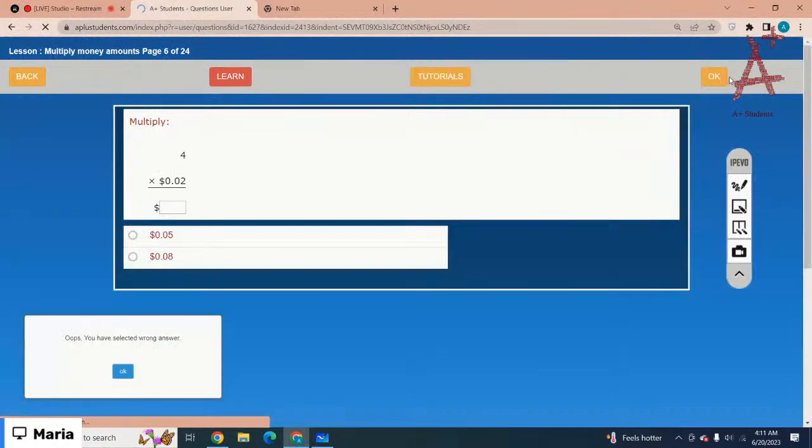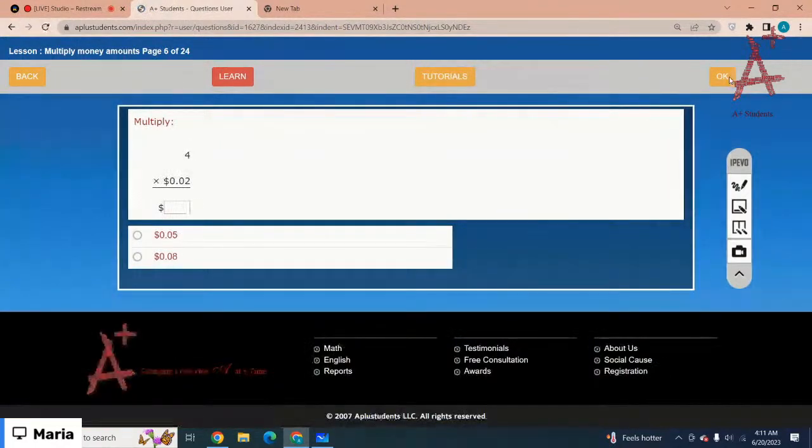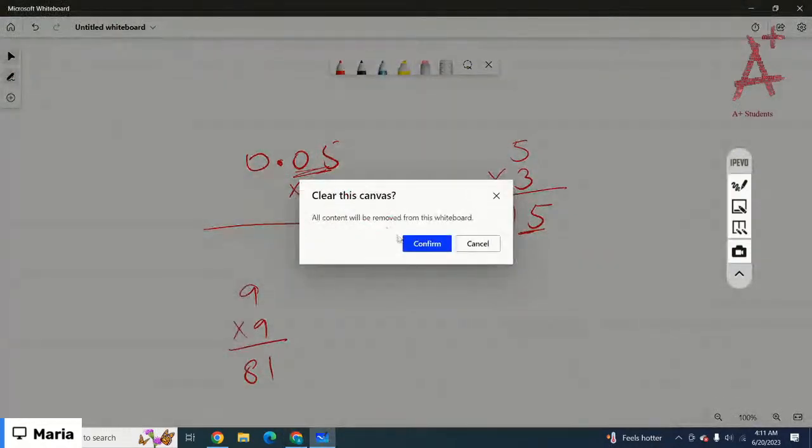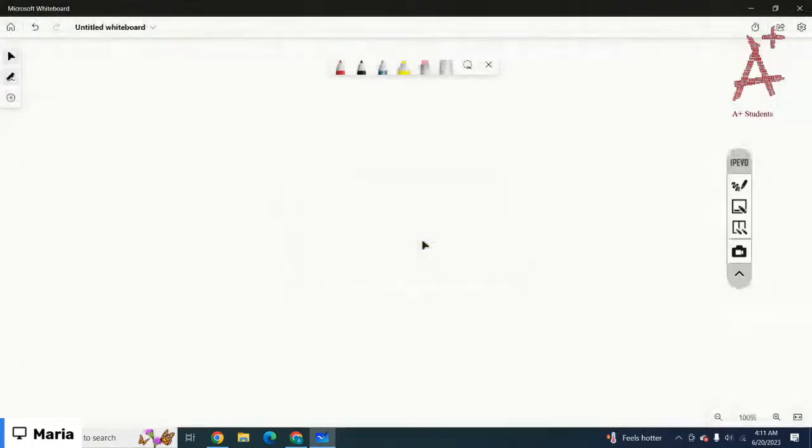Okay, the next one is 4 times 0.02. So you have to do 0.02 times 4. Got it? So let's just start. 4 times 2 is 8, 4 times 0 is 0, and you have the decimal point.